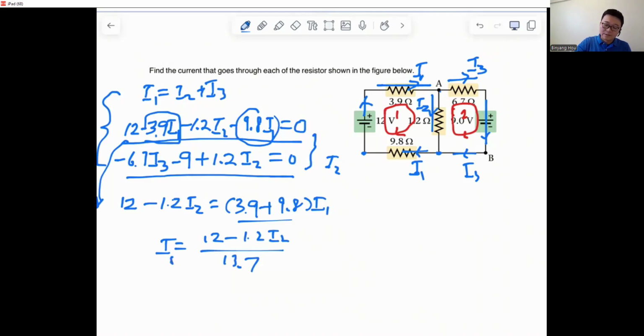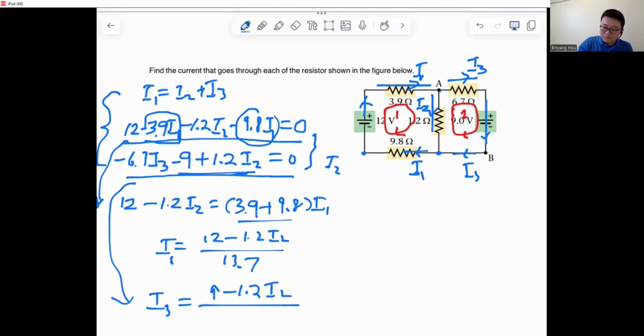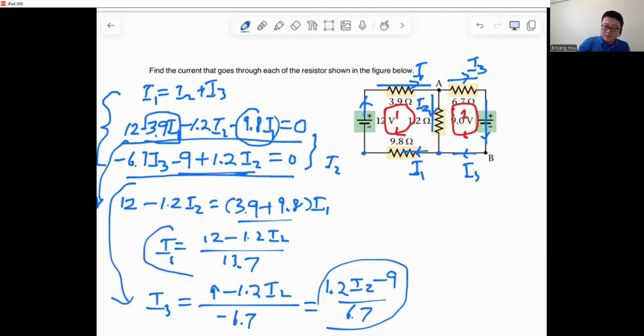This is I1. We can do the same thing for the third equation. So this one comes down here. We'll write I3 in terms of I2. Move these two to the other side, become 9 minus 1.2 I2, and then divided by negative 6.7. Or you can rewrite this as 1.2 I2 minus 9 over 6.7. So this is I3, this is I1.